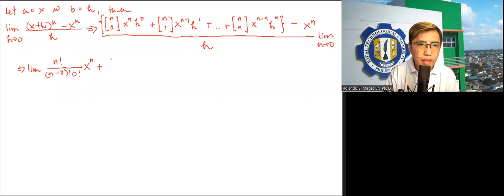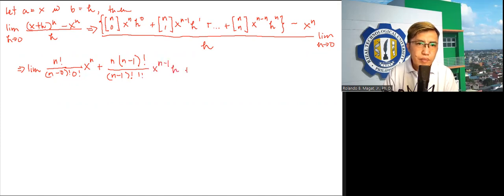Plus we have n choose 1: n factorial is n times (n minus 1) factorial, all over (n minus 1) factorial times 1 factorial, x raised by n minus 1 h, plus and so on, plus n factorial all over (n minus n) factorial, n factorial, then h to the n power.